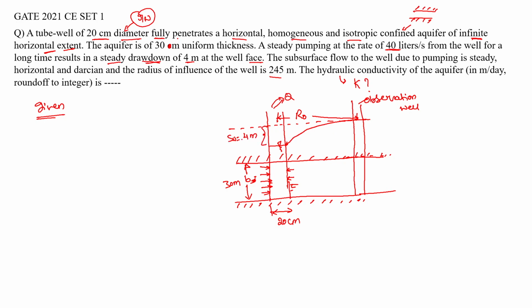Now they want to know the hydraulic conductivity of this particular aquifer. I'll write the equation here: 2 pi k b SW divided by ln of capital R naught divided by small rw. So can anybody guess the answer? How much is K?